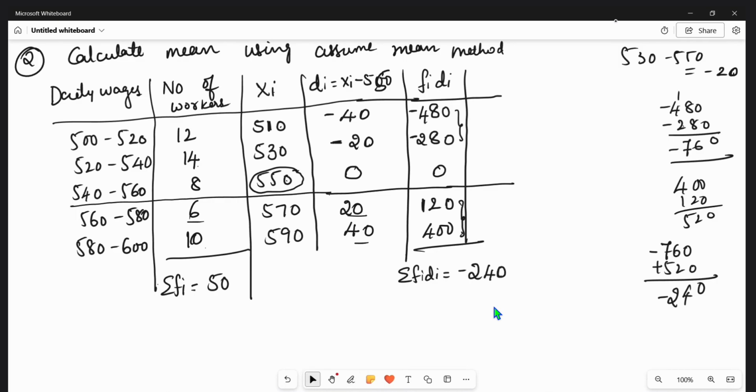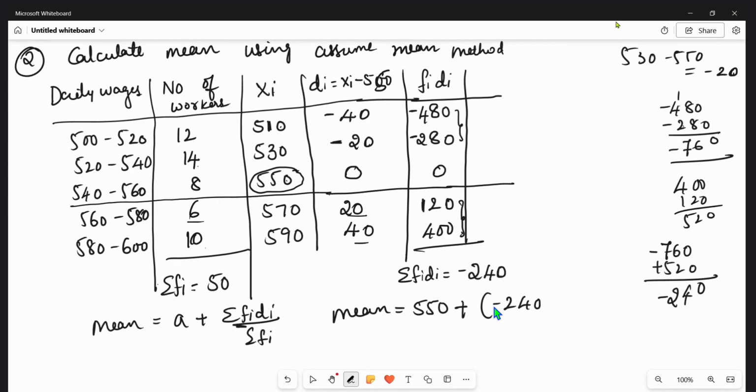Okay. Now what is the mean? Mean is equal to A plus sigma Fi into Di by sigma Fi. So mean here is equal to A, which is 550, plus minus 240 divided by 50. Or it will be 550 minus 240 by 50.